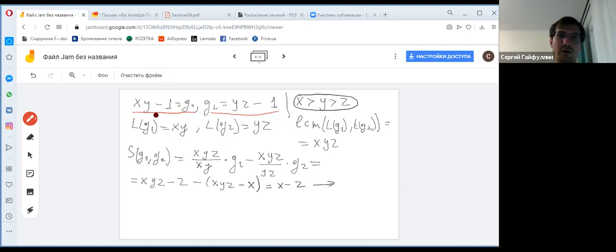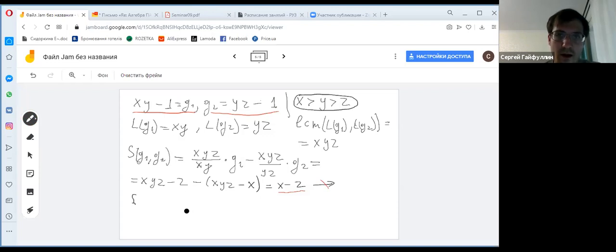So this is a multiplication of two variables. But this polynomial is linear, so it cannot be reduced anyway for any ordering. This shows that my first system, G1 and G2, is not a Gröbner basis, I'm sorry.